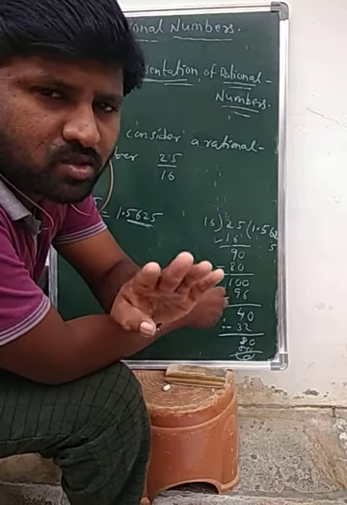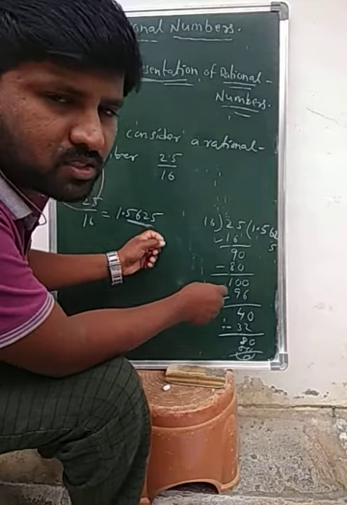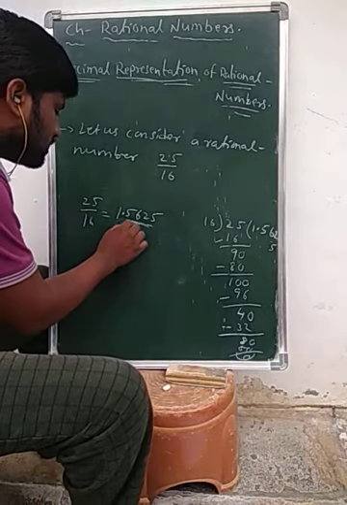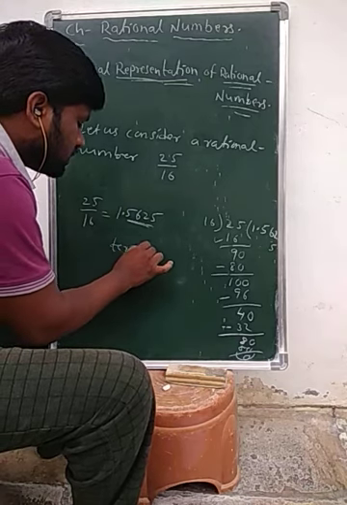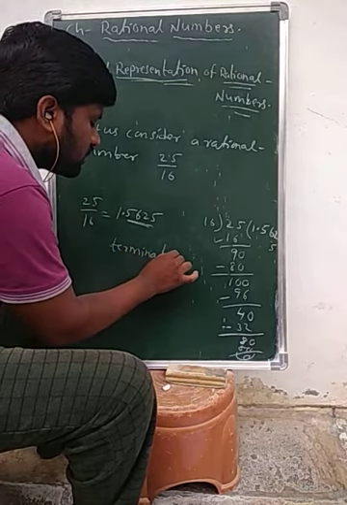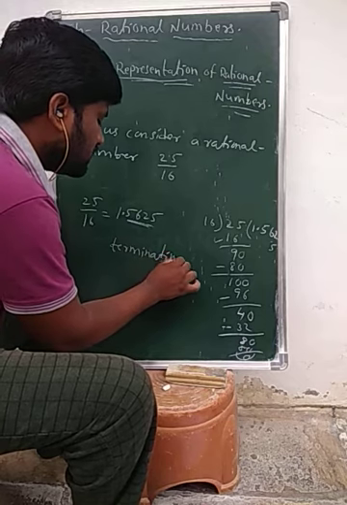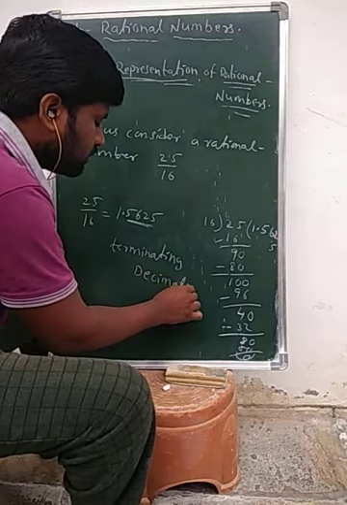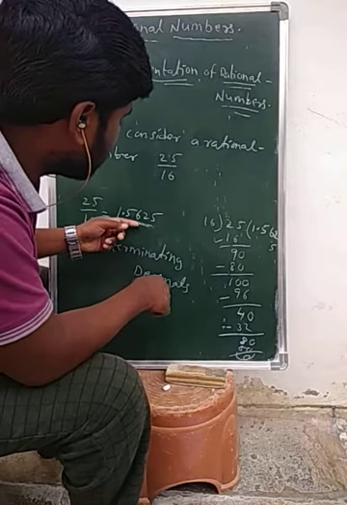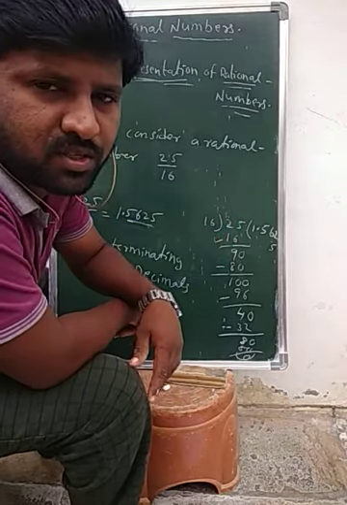Only 4 decimal places, a finite number. So we call this type of numbers terminating decimals. Means in the decimal part there are a finite number of decimal places.